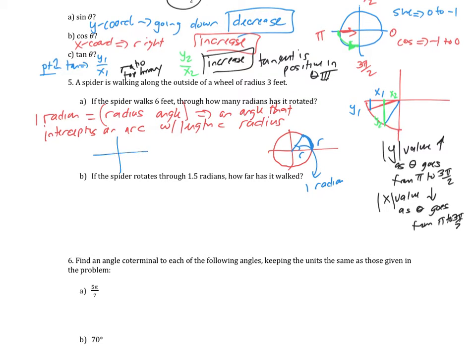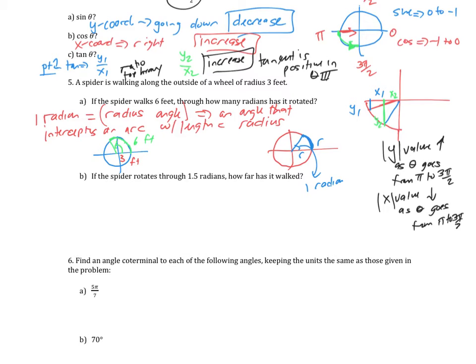Okay, so now I'm going to make a little circle for our spider. The radius is 3 feet, and the spider, Amy, is walking 6 feet around the circumference. So let's say this is 3 feet, this is 6 feet. How many radians did Amy walk, or how big is this angle is what we're asking. Each 1 radian would correspond with 3 feet on this circumference.